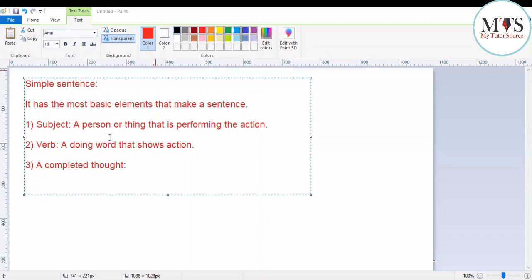That action is very important. If the action is missing, you can't have a complete thought. If the subject is missing and you have an action, the sentence would not be complete. So without the subject and verb, the sentence cannot stand on its own.